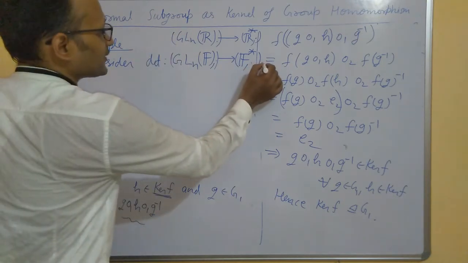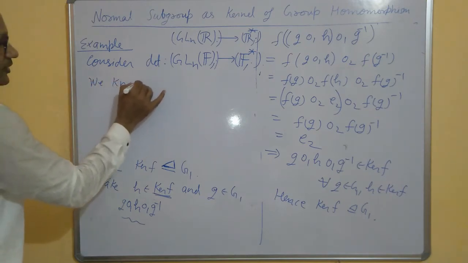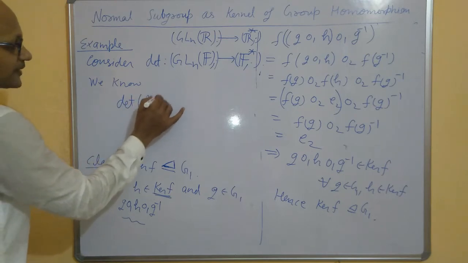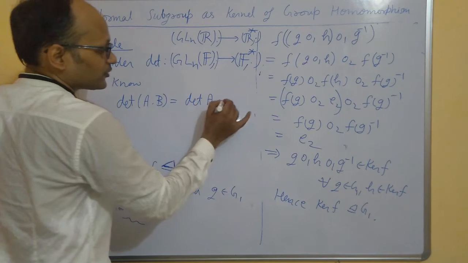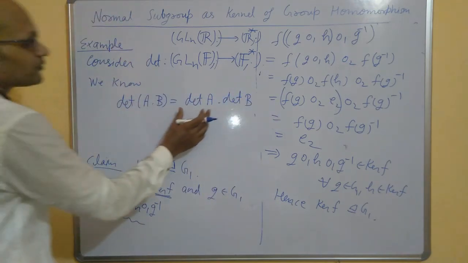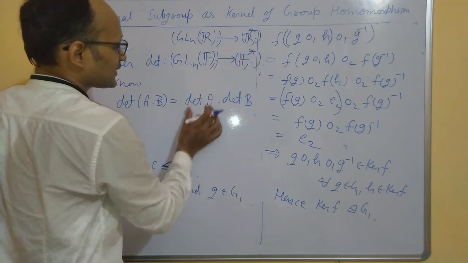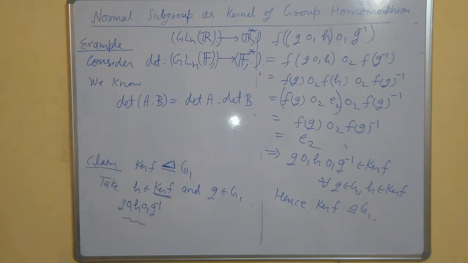What we know about the determinant map is that the determinant of two matrices A times B is the same as determinant of A times determinant of B. The determinant of B and determinant of A are scalars of the field, or real numbers, and the product of two real numbers is again a real number.